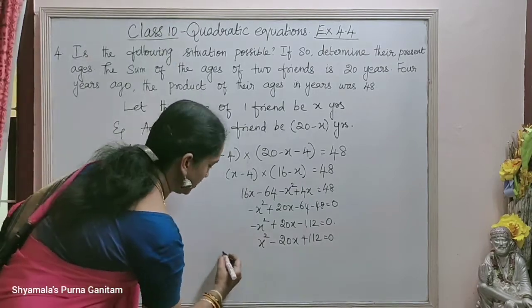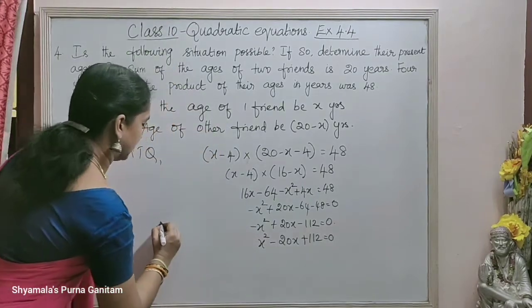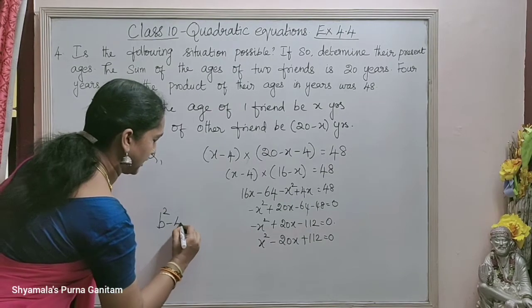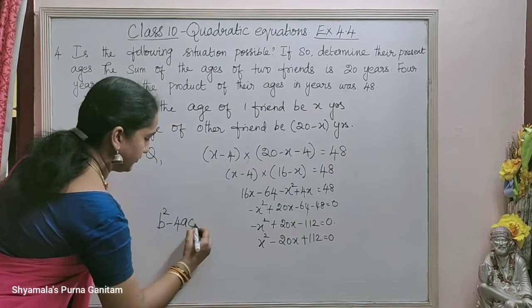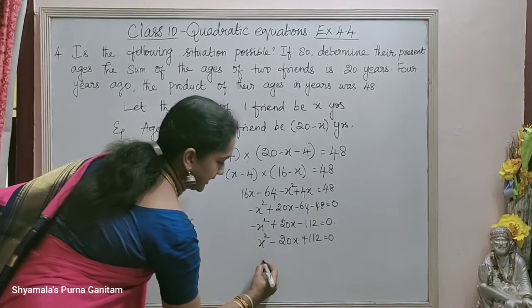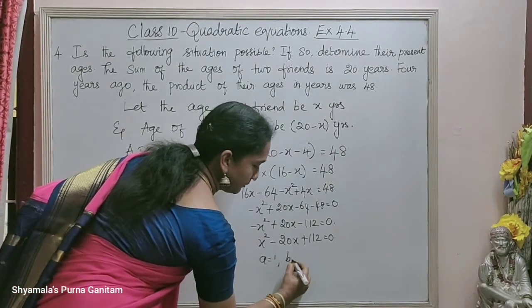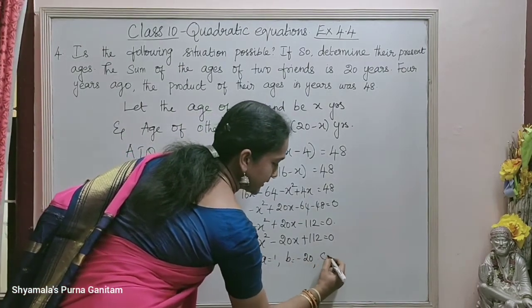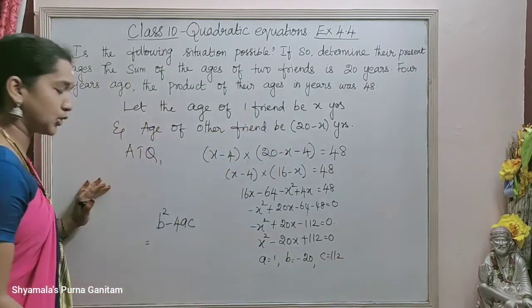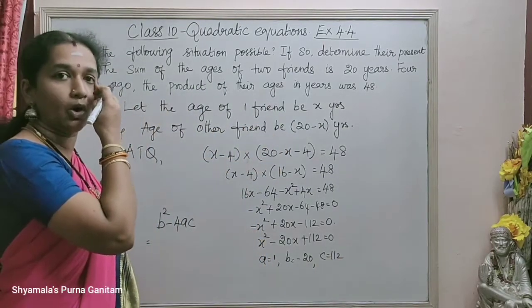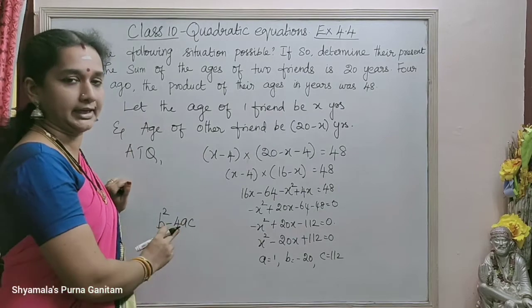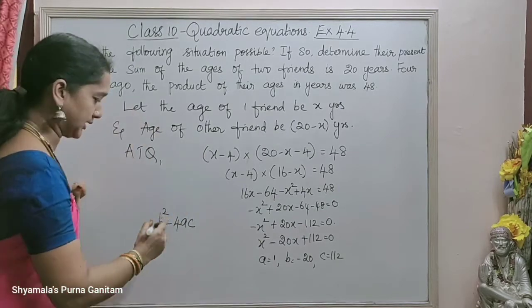So when we check this b squared minus 4ac, when you substitute the values, a value is 1 here, b is minus 20, c is 112. If it is equal to 0 or greater than 0, we will get the real roots.